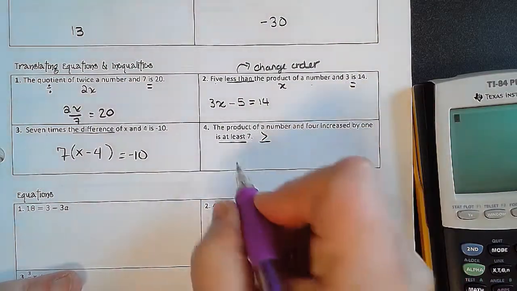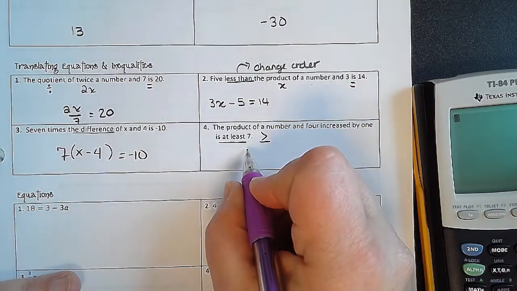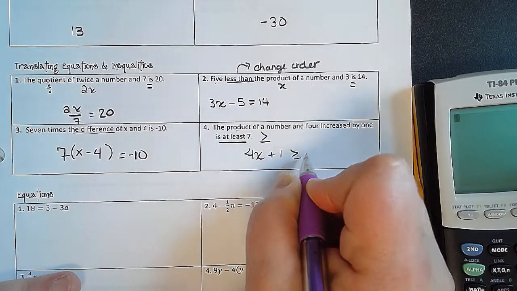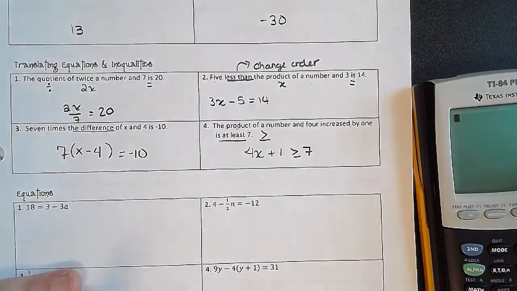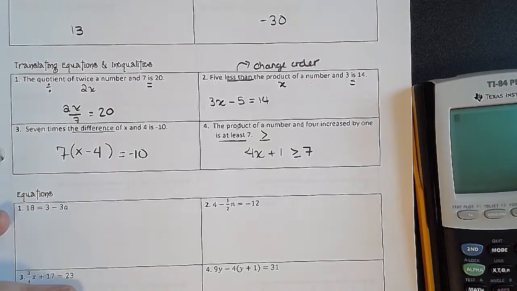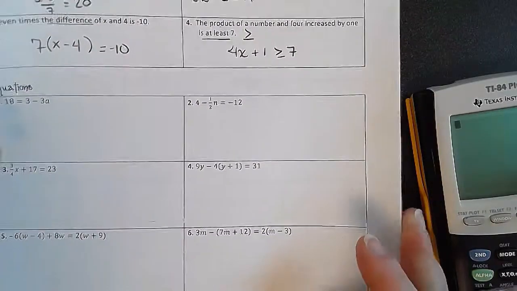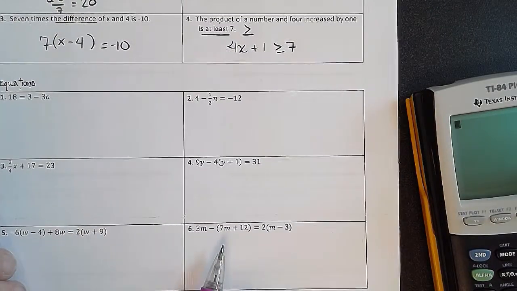All right, so the product of a number and 4 increased by 1 is greater than or equal to 7. All right, now our basic equations, some of the easy things to do, you want to do your opposite operations.